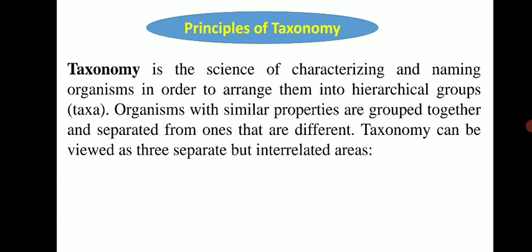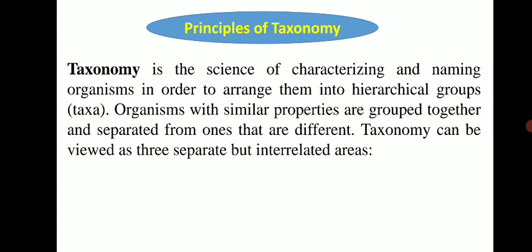Organisms with similar properties are grouped together and separated from ones that are different. Similar organisms are placed in a particular group, and if an organism is different, it is placed in another group.